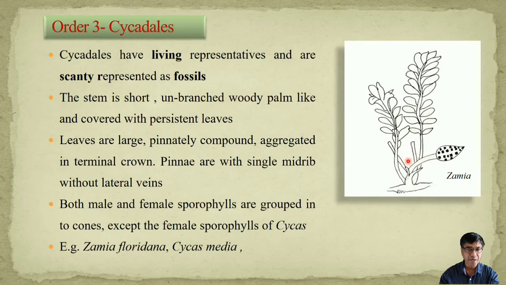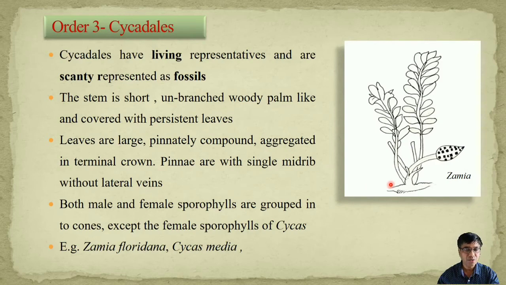Both male and female sporophylls are grouped into a cone, except the female sporophylls of Cycas, where they are in a loose crown. Microsporophylls are scale-like. Sperms are with a spiral band of flagella.